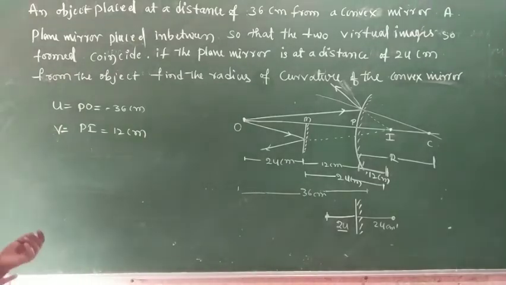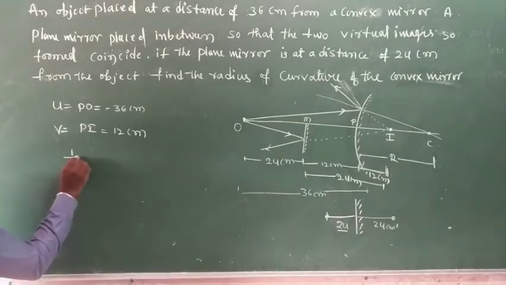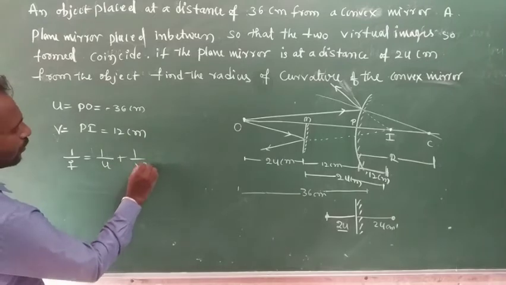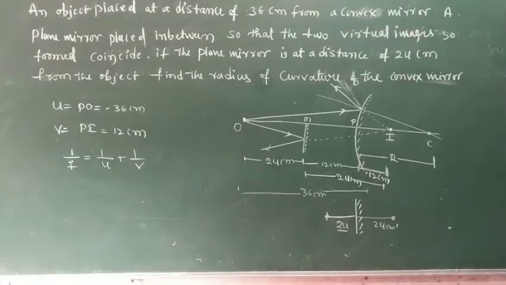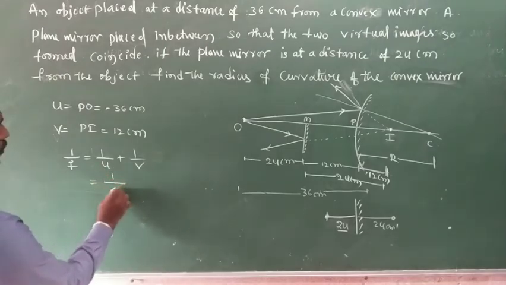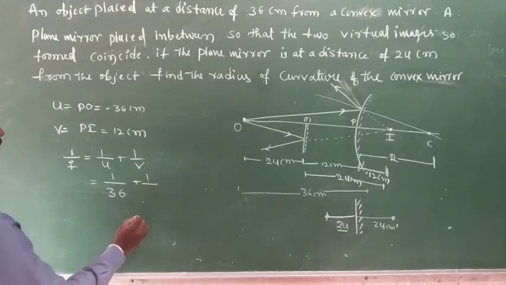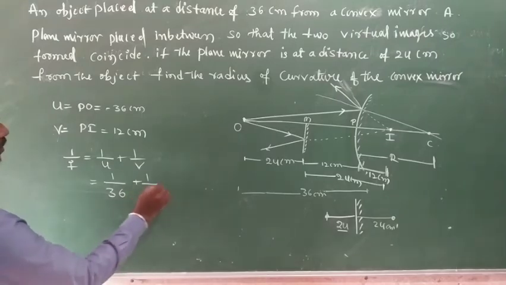Next, we calculate the focal length of this convex mirror. Our formula is 1 by f is equal to 1 by u plus 1 by v. So 1 by u is minus 1 by 36, and the image distance is 1 by 12.